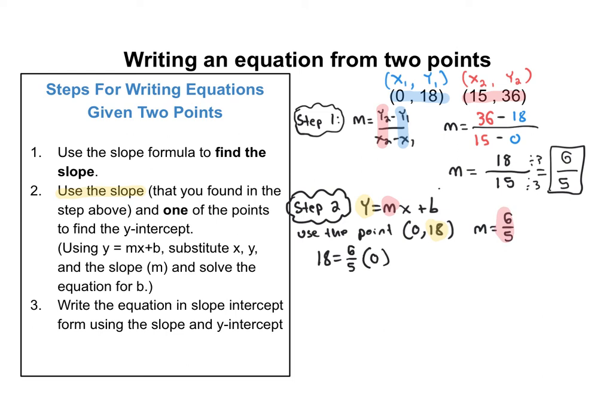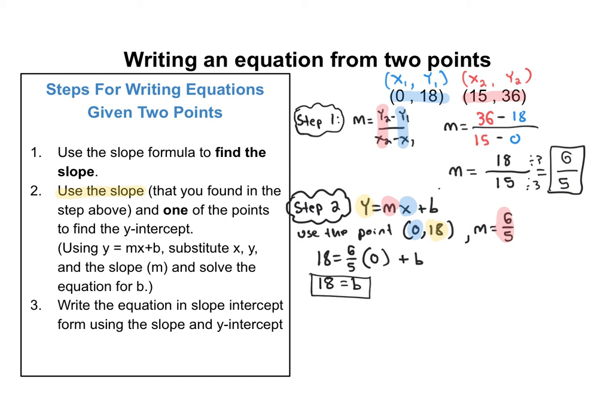It's 0. And lastly, plus b. And b is what we're solving for. This one's going to be pretty simple because 18 equals 6/5 times 0 plus b. 6/5 times 0 is just 0. So we've got 18 equals b. And boom, we're there. Easy as that.